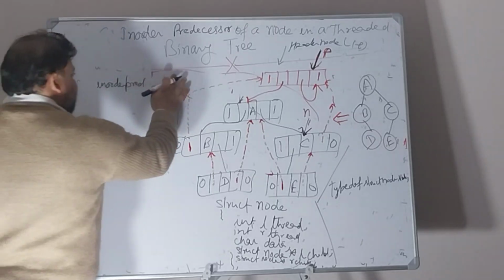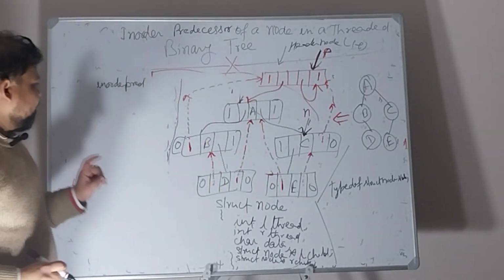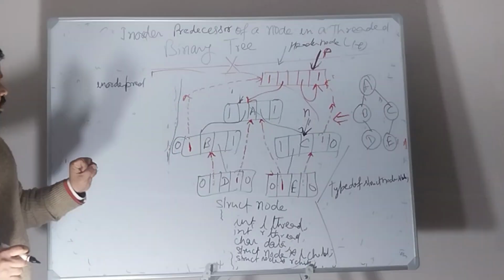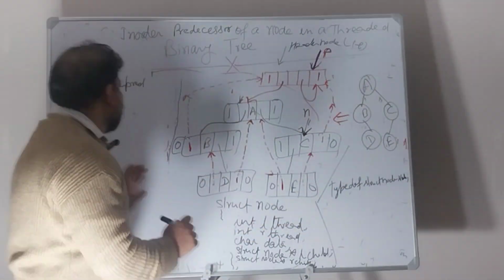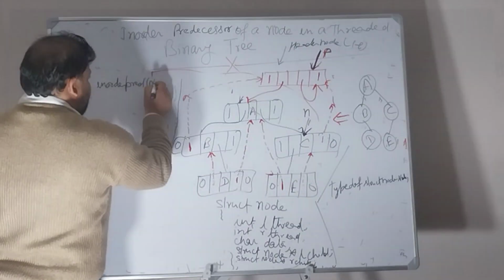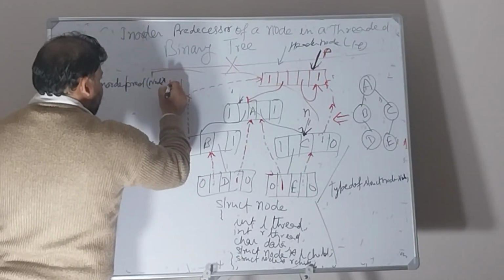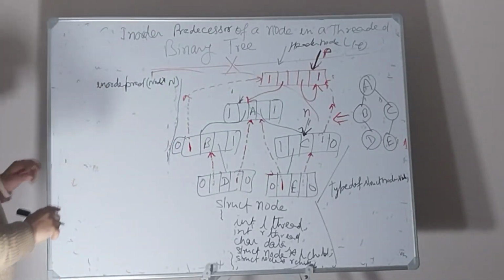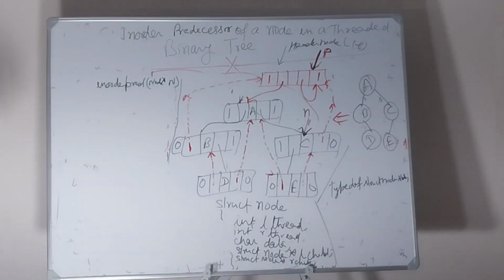Return type, so first of all I'll take the parameter. What exactly the parameter, I'll give any one of the nodes simply. So a node will be pointed to by any pointer of the type of this node. So that's why I'm declaring here a pointer of node type, here I'm taking n. Return it, because I'm looking for the predecessor, that will also be of the node type.